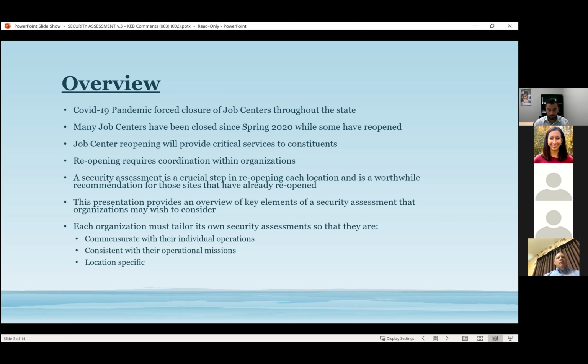These locations, however, still need to document that security of the American Job Centers was considered as part of their reopening plans. This webinar, again, provides CMS best practices and resources to support partners in considering the security of their physical centers before reopening.